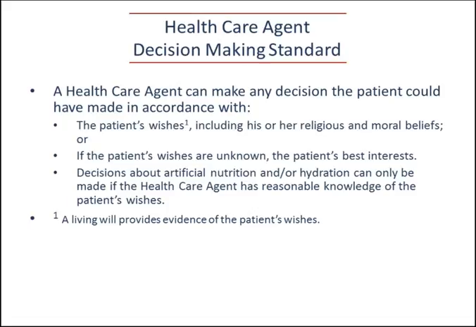Now, the healthcare proxy law has a provision that says that for decisions regarding artificial nutrition and hydration, a healthcare agent can only make those types of decisions if the agent has reasonable knowledge of the patient's wishes, or with some due diligence, they can obtain that knowledge of the patient's wishes.